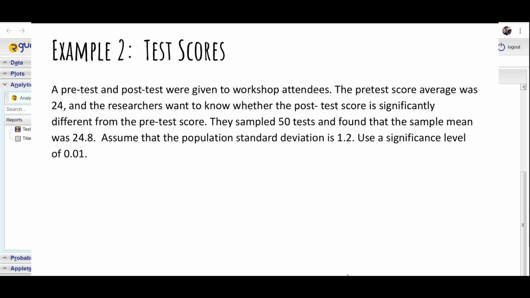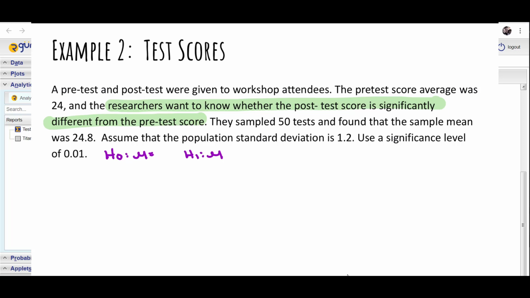So where is the claim? Researchers want to know whether the post-test score is significantly different than the pre-test score. So we're going to use that to write our null and our alternate statement. We're doing a mean again. Again, the null is always equals.